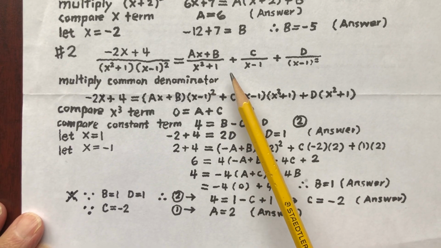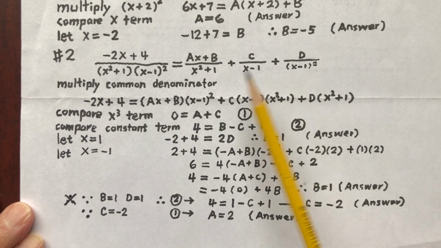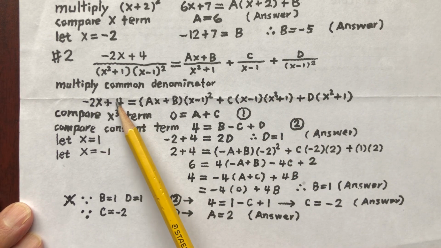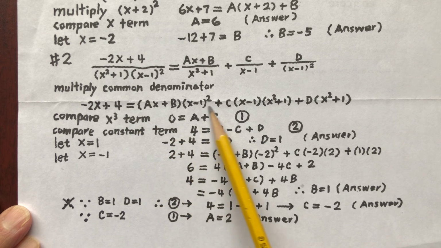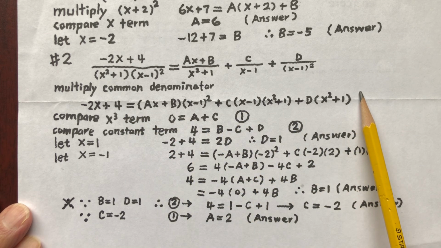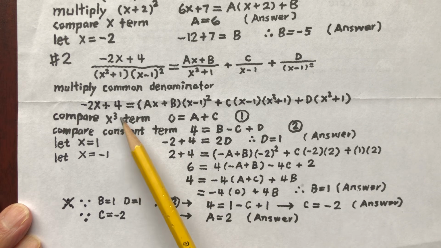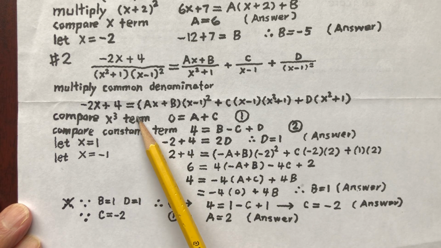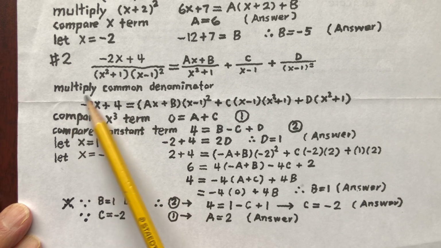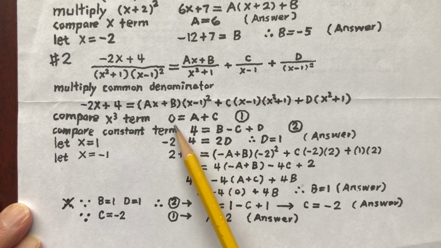Again, we multiply the common denominator, then the left side here and the right side is a long expression. Let's compare the x cubed term. There is no x cubed term on the left-hand side, so it's 0.